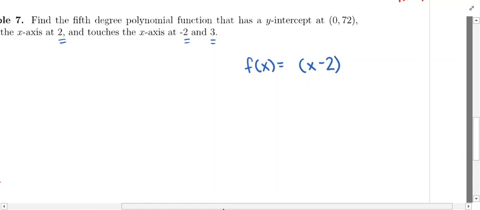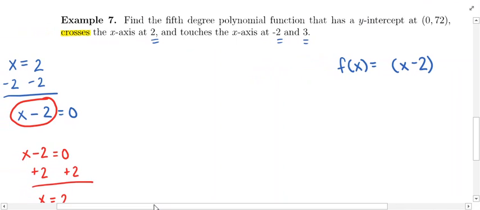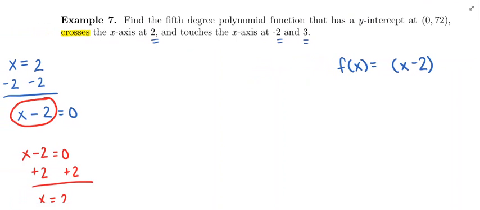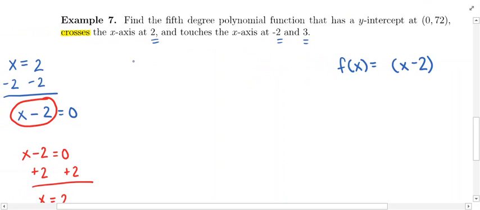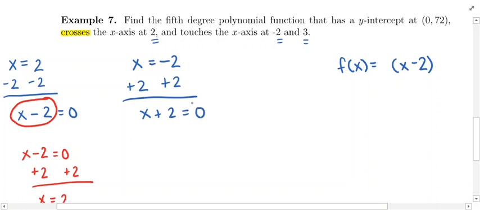All right, so let's move on to the next 0. The next 0 is going to be at x equals -2. Again, we're trying to come up with the factor. So I'm going to move this over so that one side is 0. And that tells me that x plus 2 is equal to 0. Once we get one side equal to 0, here is your factor.